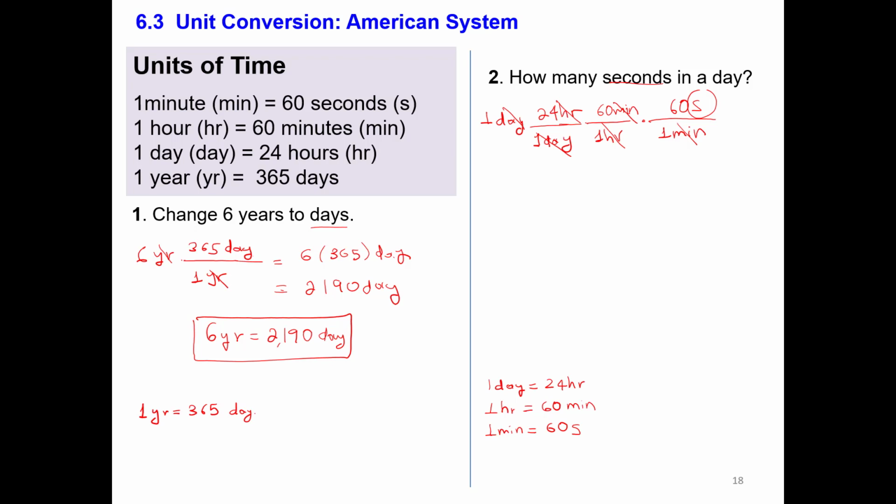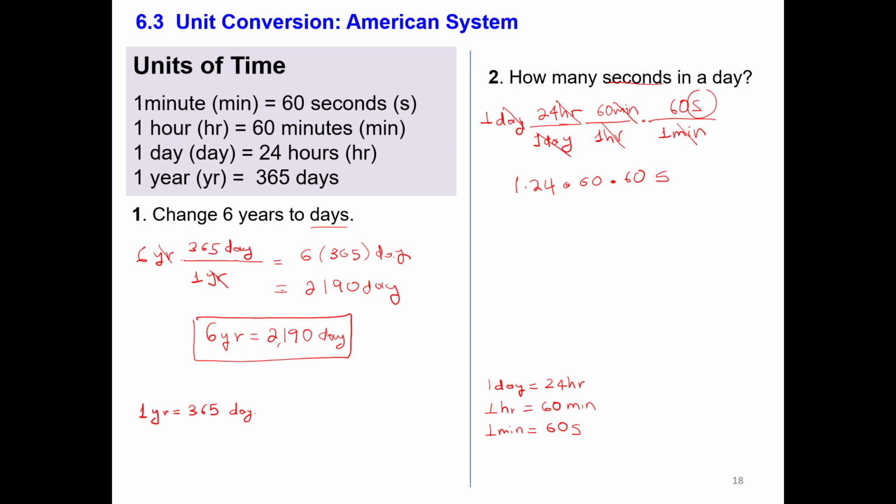Now we need to multiply 1 times 24 times 60 times 60. We have just 1 in the denominator. 1 times 1 is 1, 1 times 1 is 1.